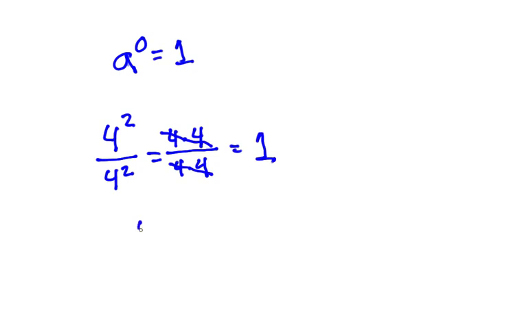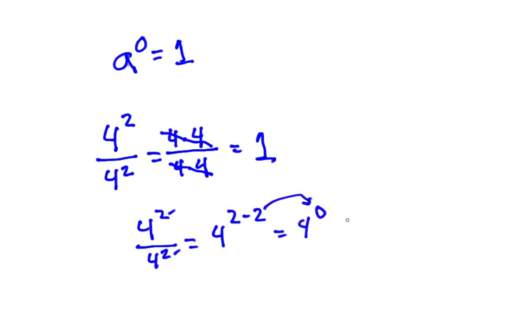And that can also be written as 4 to the power of 2 minus 2, the 2 from the top and the 2 from the bottom subtracted. Well, that's just 4 to the power of 0, since 2 minus 2 is 0, and that's 1. So the rule about dividing, where we subtract the powers, gives us a way to think about and remember that a number to the power of 0 is 1.